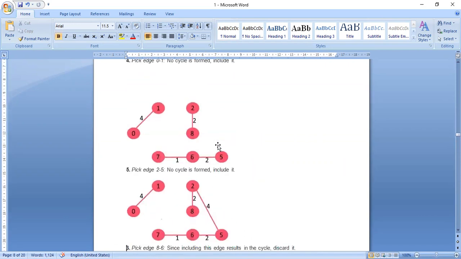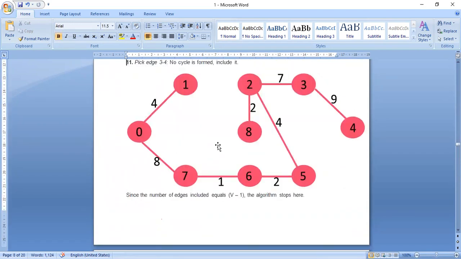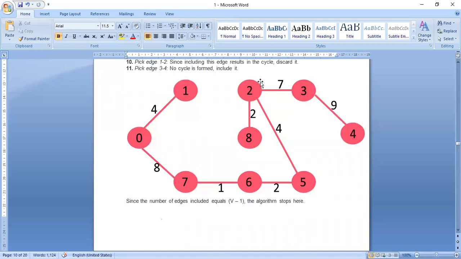If I add the 3, 5 edge, automatically a cycle is formed. That is 3 to 5, 5 to 2, and 2 to 3. So I should discard that one. There is no use of adding that one. So I will also discard 3, 5, and I will not add it to the given minimum spanning tree.